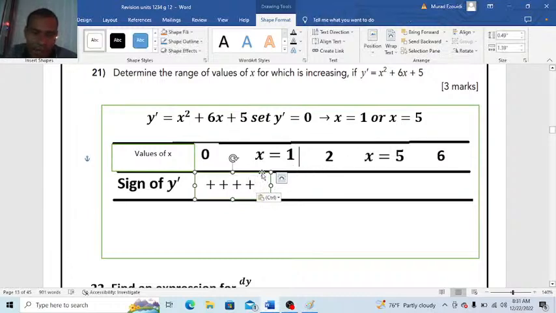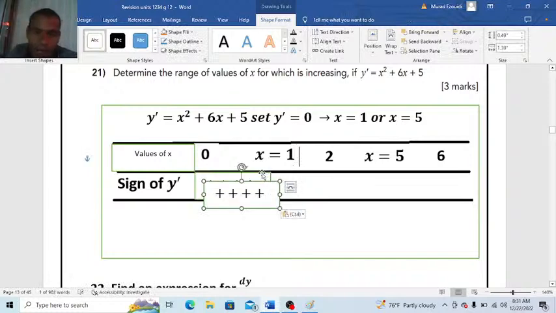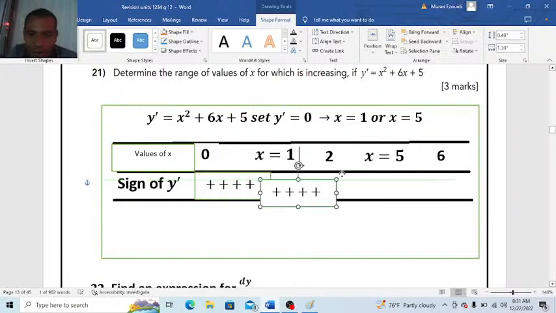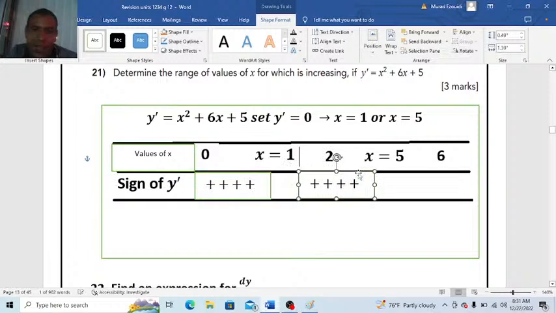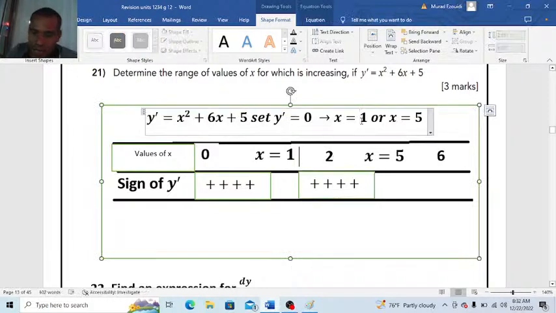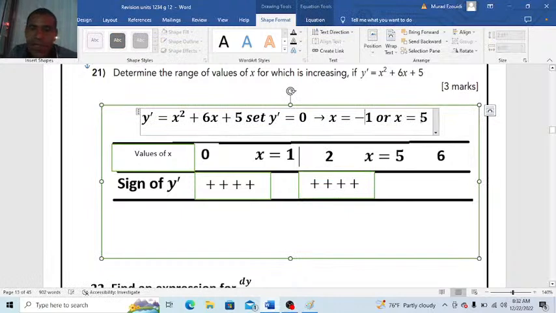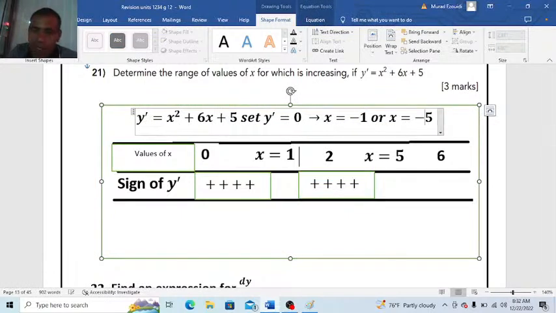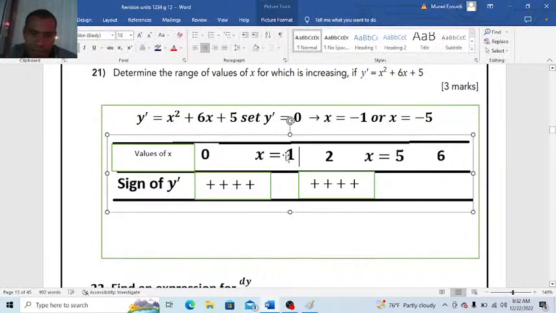Now I'm going to the next one, the next point. I will copy here and put it here. Then I'm going to check if it is positive or negative. Now when x equals minus 1. Yes, here the roots are minus 1 and minus 5. Therefore this of course is minus 1.